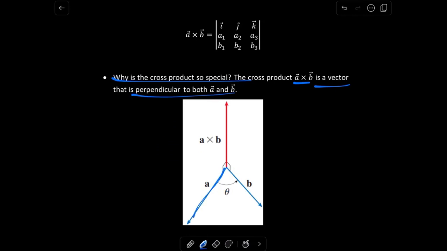You can see that A times B here is in red, and it is at a 90-degree angle to vector A and at a 90-degree angle to vector B. So we say that the cross product A times B is perpendicular. Another word for perpendicular in this case is orthogonal. So it's perpendicular or orthogonal to vector A and vector B.